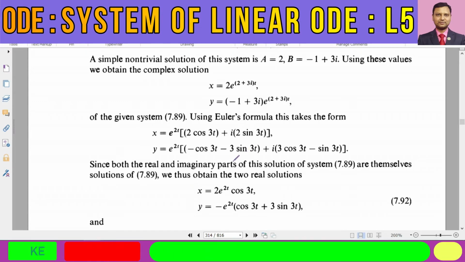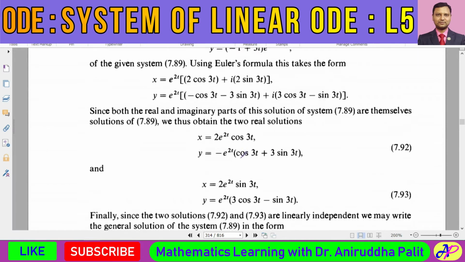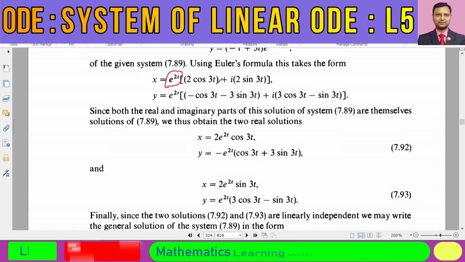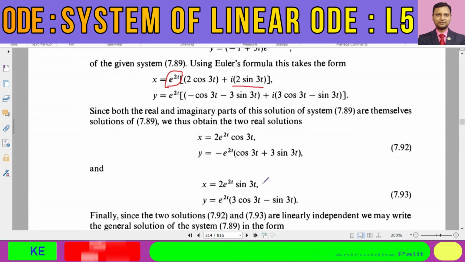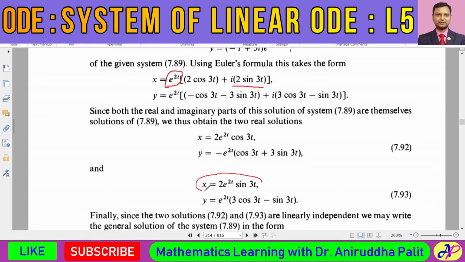Similarly, if we compute the imaginary part of x and y, what would it be? For x, it is e to the power of twice t multiplied by 2 into sine of 3t. This gives us the second expression of x from the imaginary part.